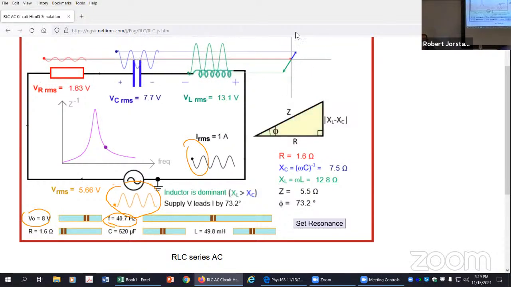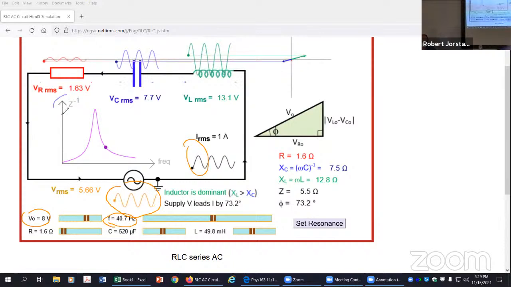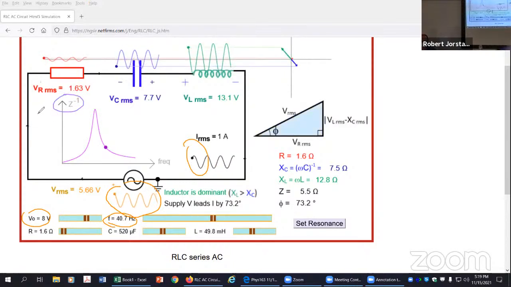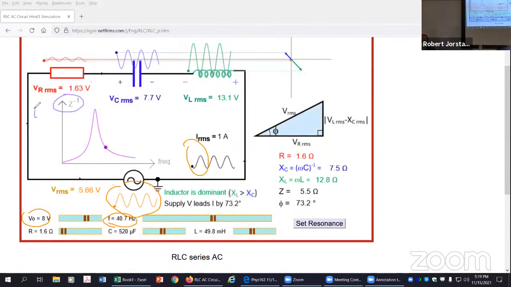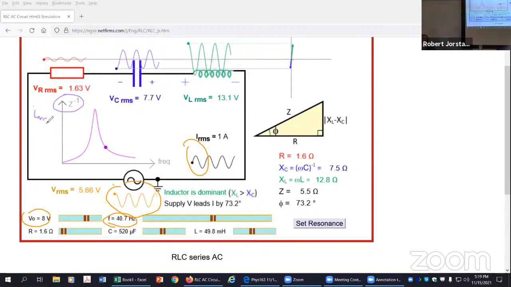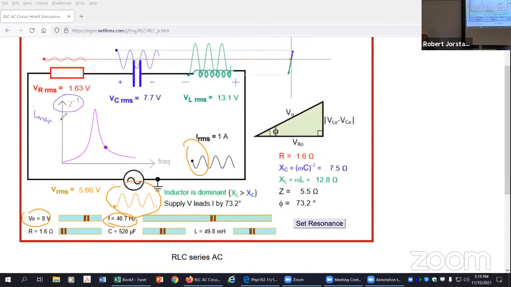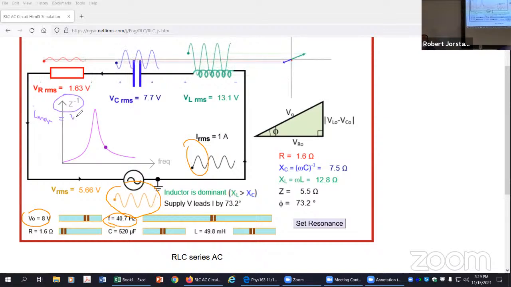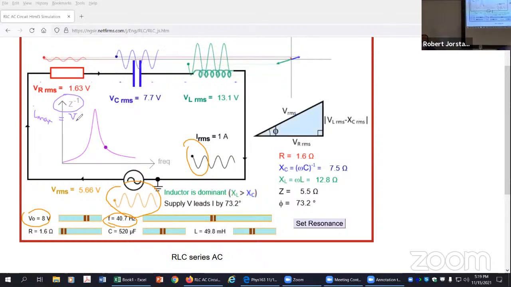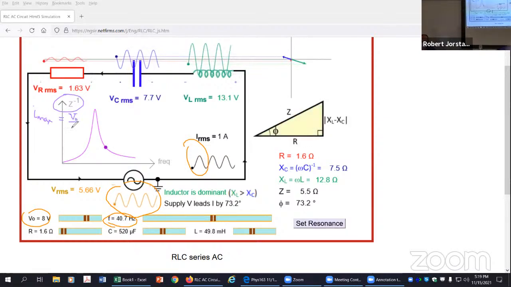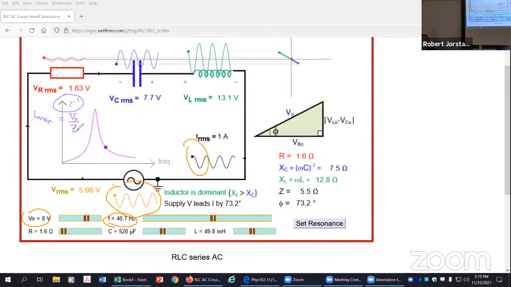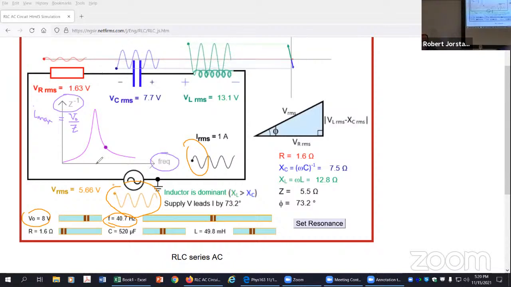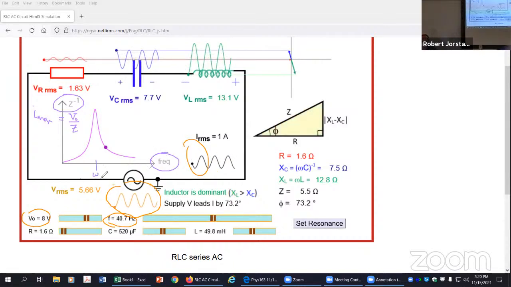Notice this plot right here says Z to the -1. Well, isn't that the same as I max? Because I max by definition was equal to V0 divided by Z, which is basically Z to the -1 times a scalar. That's why they're plotting Z to the -1. As I change the frequency, there's some special resonance frequency.